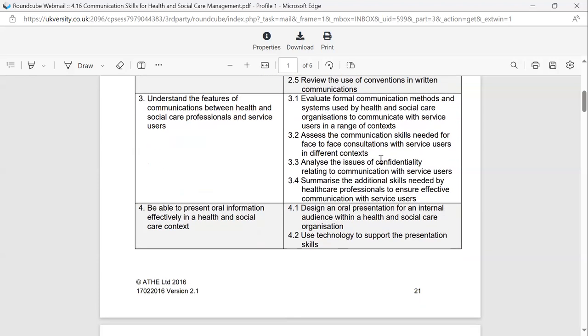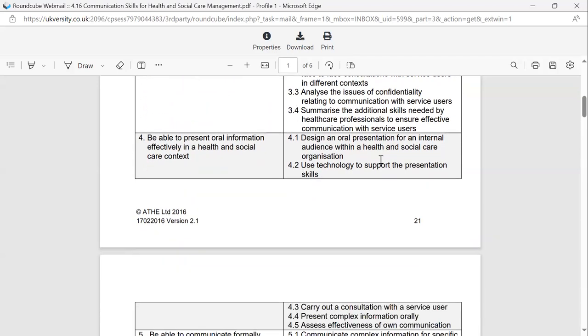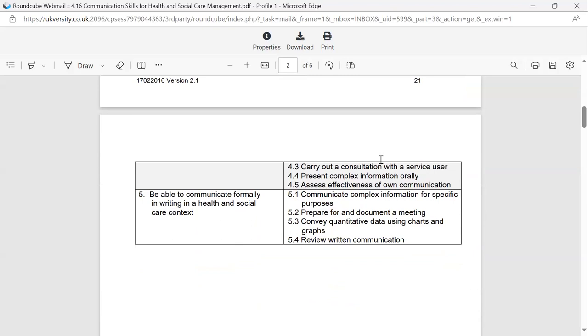Learning outcome 4 is to be able to present oral information effectively in a health and social care setting. 4.1, design an oral presentation for an internal audience within a health and social care organisation. Use technology to support the presentation. 4.3, carry out a consultation with the service user. 4.4, present complex information orally. And 4.5, assess effectiveness of own communication.